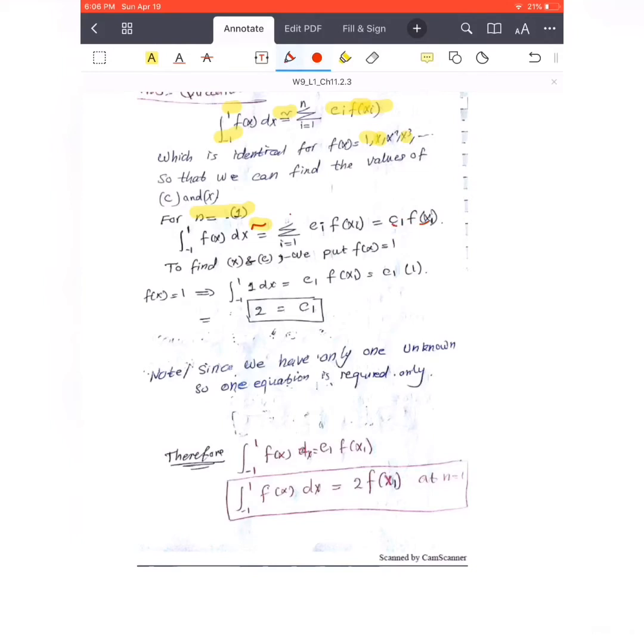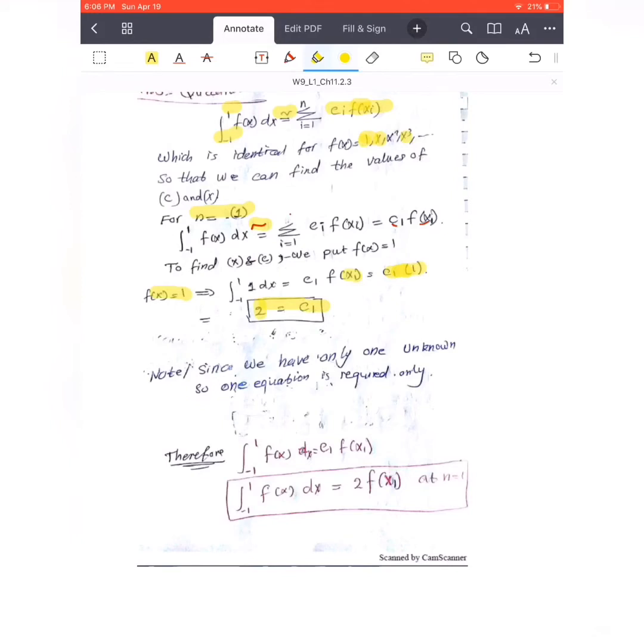So two unknowns means we need two equations. The first equation: just put f of x equal 1, as we said before. Integrate dx from -1 to 1, and we know it is 2. On the right-hand side, f of x equal 1, substituting x1, gives 1. So 2 equals C1, which means we found C1.